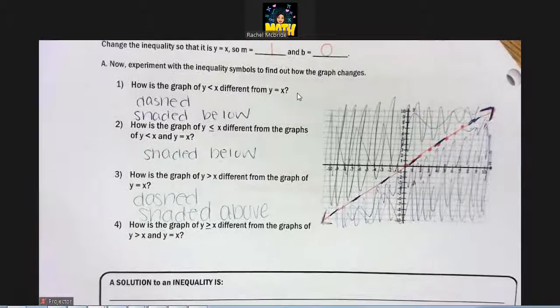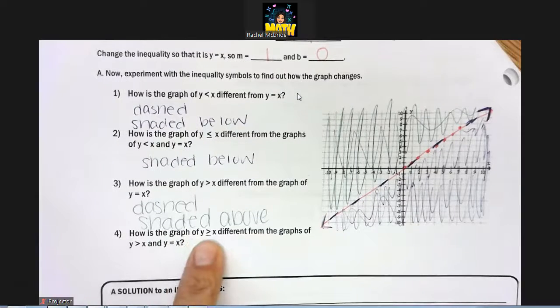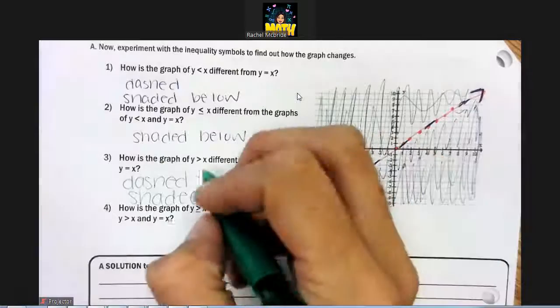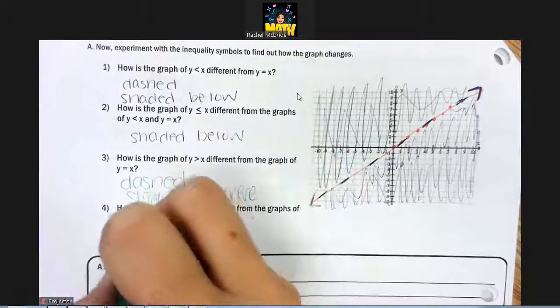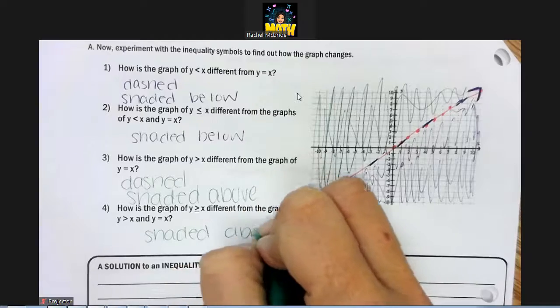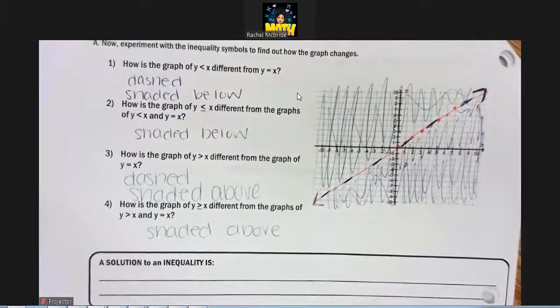So inequalities are going to be the solutions that are above, below, and sometimes on, and sometimes not. If it is equal to, then it will be the points on the line. So this difference will be that it is on and shaded above. So linear inequalities have more solutions than lines.